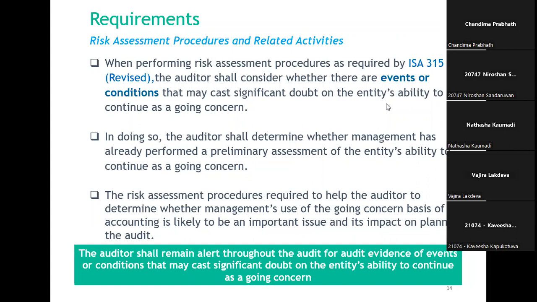The auditor shall remain alert throughout the audit for audit evidence of events or conditions that may cause significant doubt on the entity's ability to continue as a going concern. Right? So it's not that you stop at the planning stage, but you need to consider that throughout the audit, to see whether there are events or conditions that may cause significant doubt about the entity's ability to continue as a going concern.